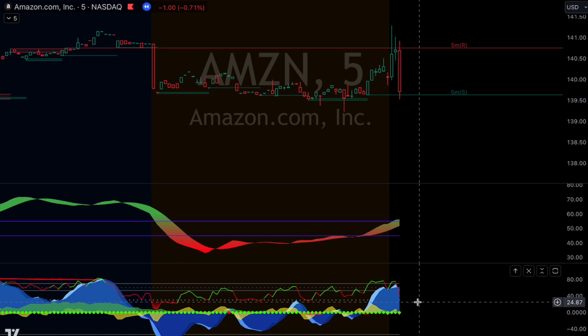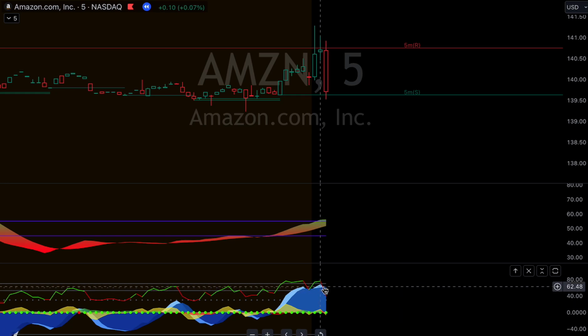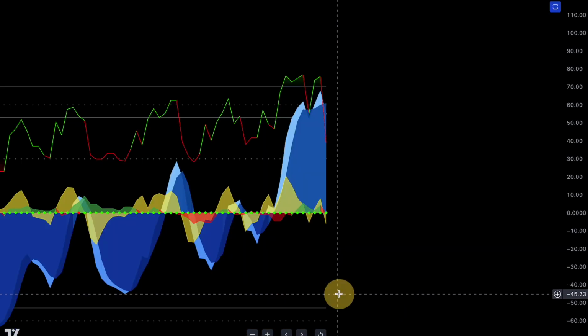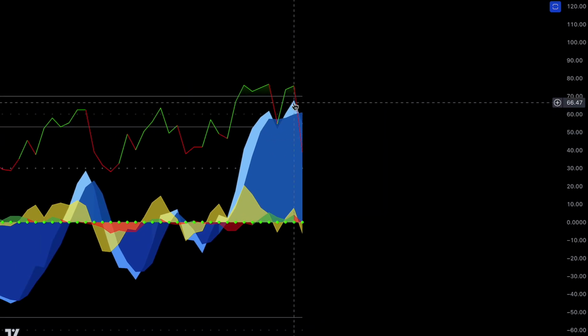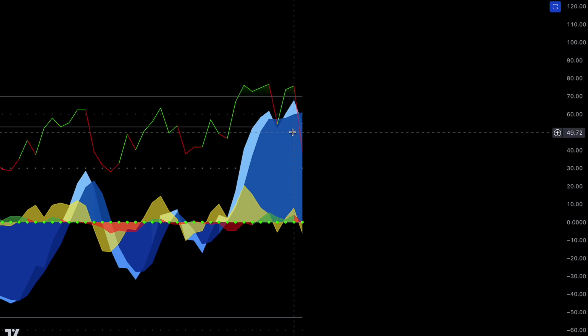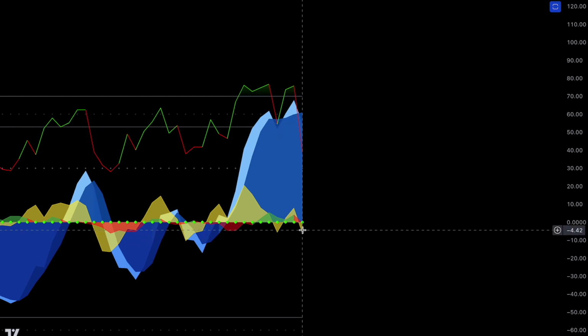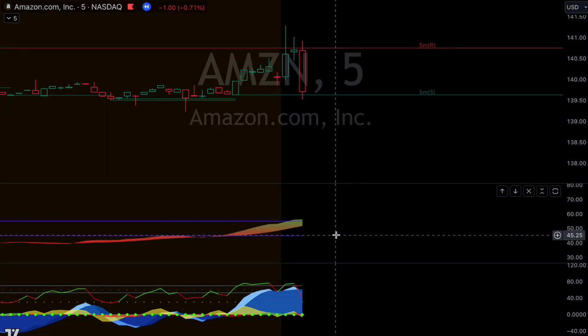But if we look at our flow indicator, you can see the RSI is now red and pointing down. The light blue part of the wave has now crossed into the darker blue. Our VWAP is below the 0 line, and our money flow is turning red.